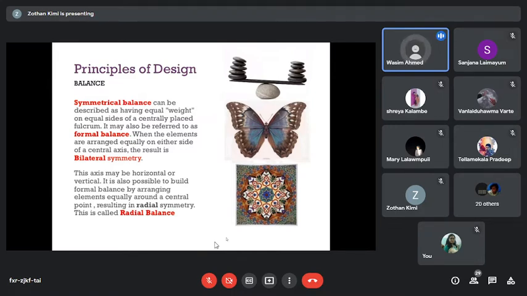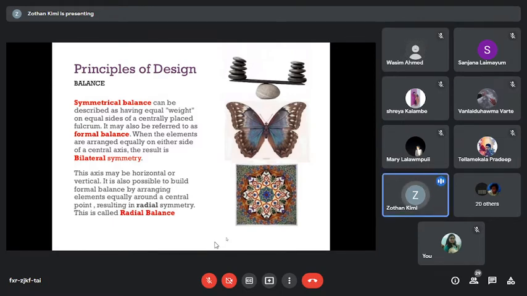When the elements are arranged equally on either side of a central axis, the result is bilateral symmetry. This axis may be horizontal or vertical. It is also possible to build a formal balance by arranging elements equally around a central point, resulting in radial symmetry. This is called radial balance.